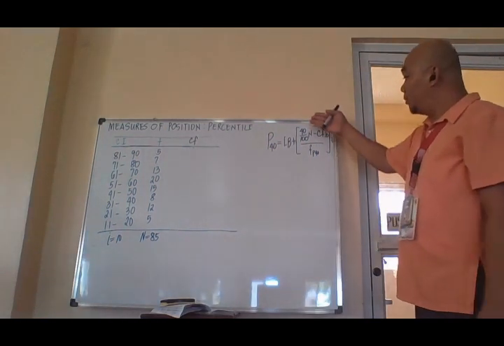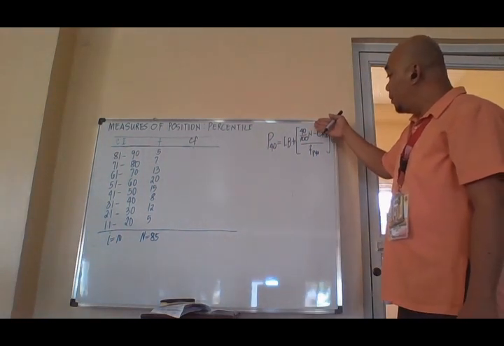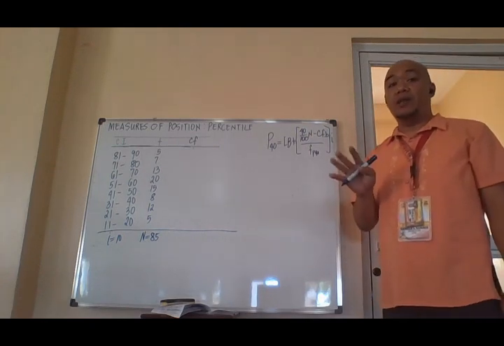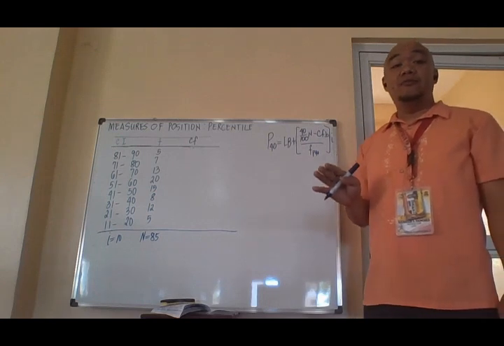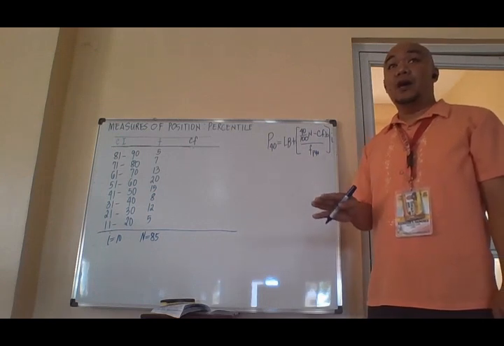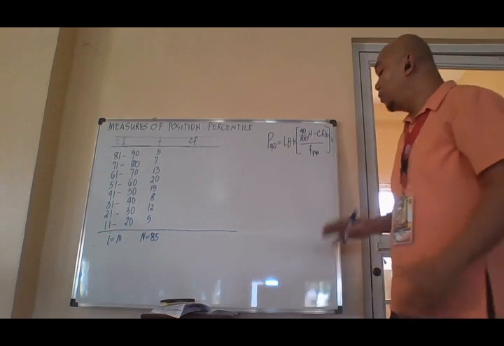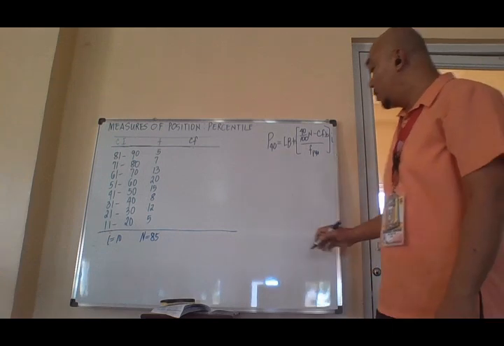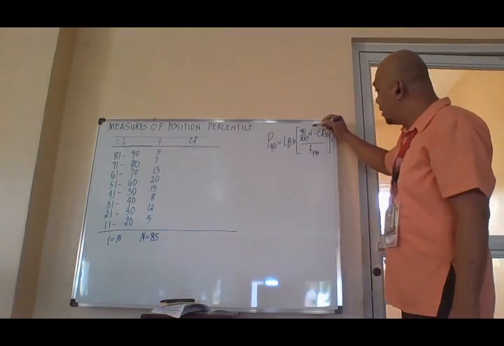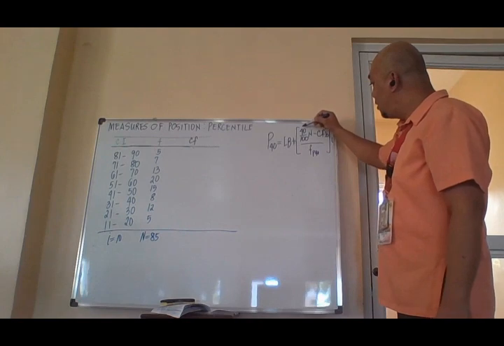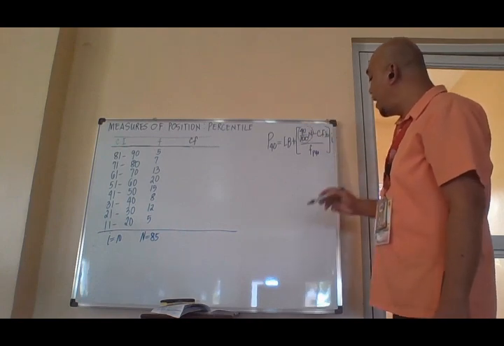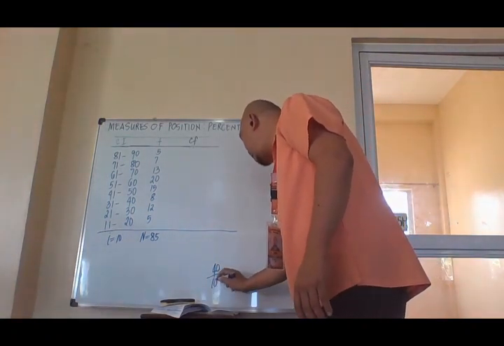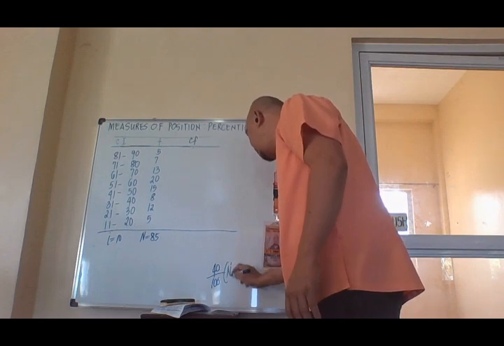Now, we can compute the P40 if we first identify the 40th percentile class. How do we identify the 40th percentile class? So we have to compute first this part of our formula, 40 divided by 100 times n.